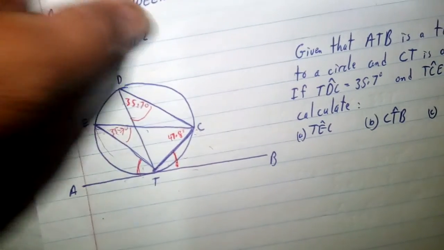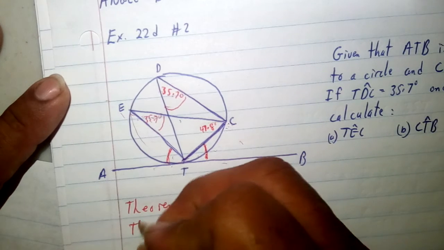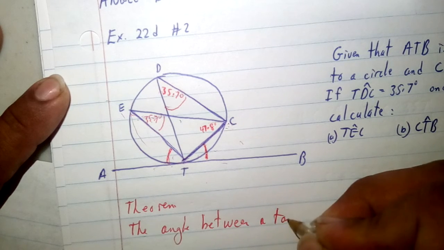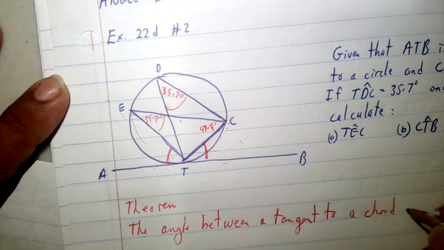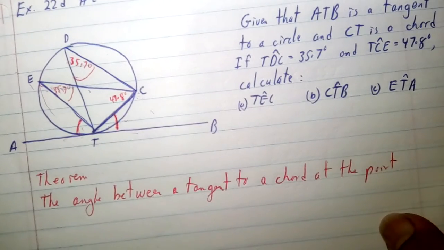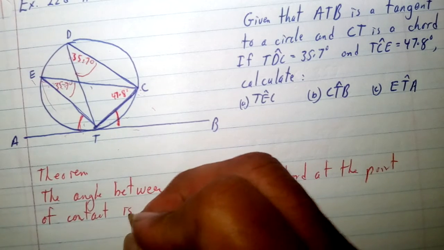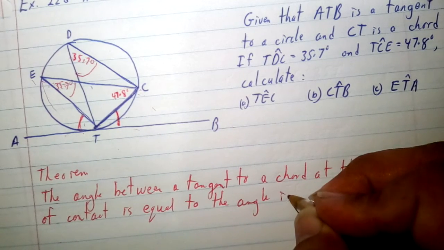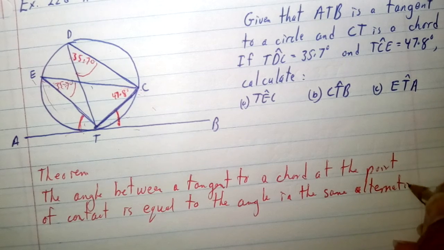This brings us to the rule, the theorem here, which said the angle between a tangent to a chord at the point of tangency, at the point of contact, is equal to the angle in the same alternating segment.